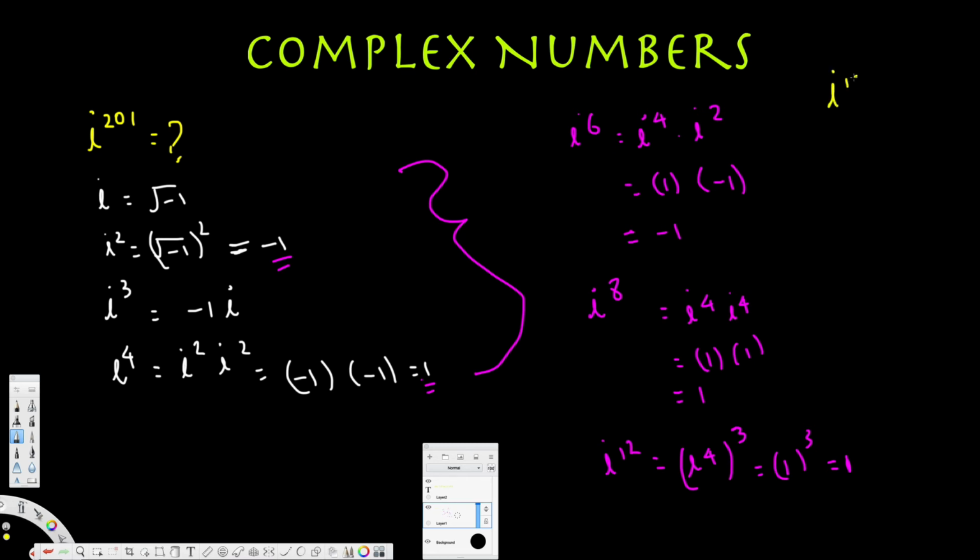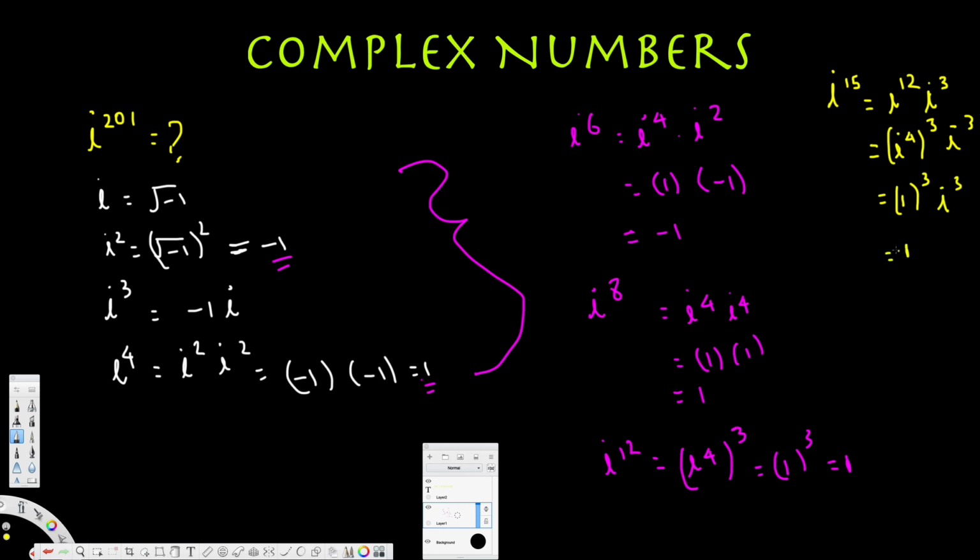Let's see what's the closest number that is a multiplication of 4. i power 15 is i power 12 times i power 3. i power 12 we can write as i power 4 to the power 3, and i power 4 is 1, so 1 cubed is 1.